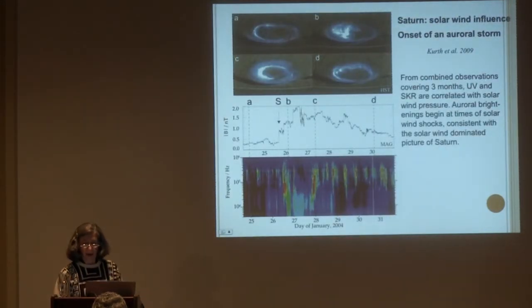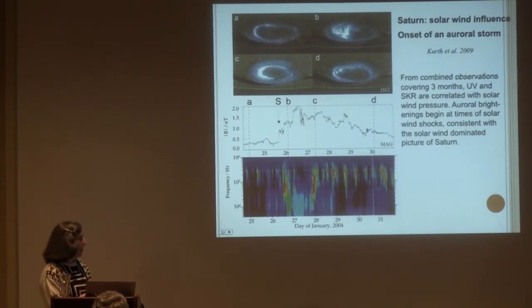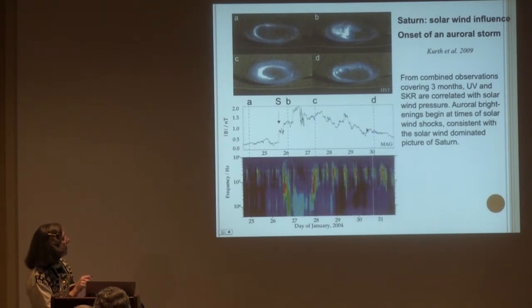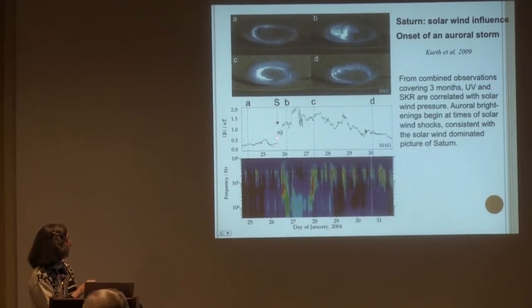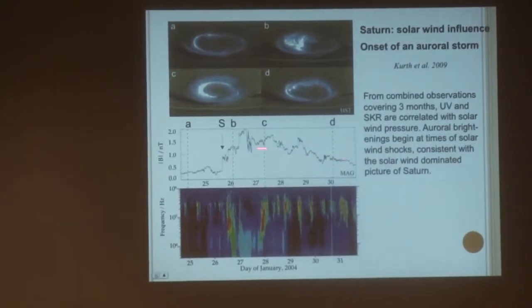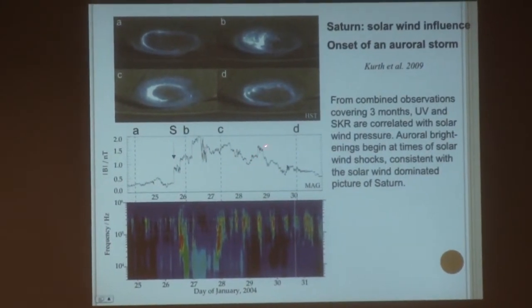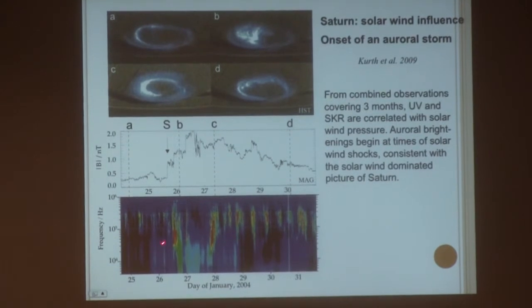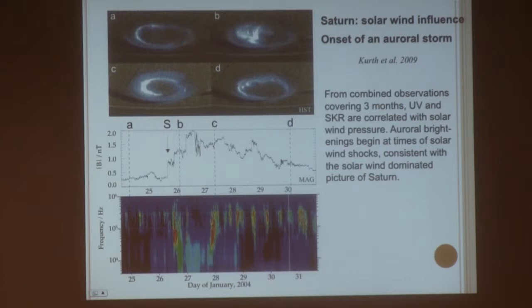Evidence of the strong solar wind influence at Saturn is shown nicely in some work in Bill Kurth's chapter in the Saturn Cassini book. The HST UV images show the onset of an auroral storm. At the same time, the solar wind measurements show a big increase in some shocks in the solar wind, and the Saturn kilometric radiation responds at exactly the same time.